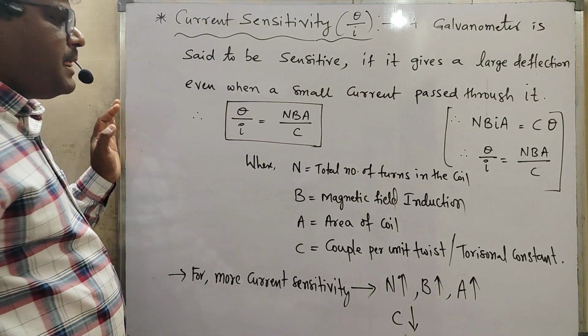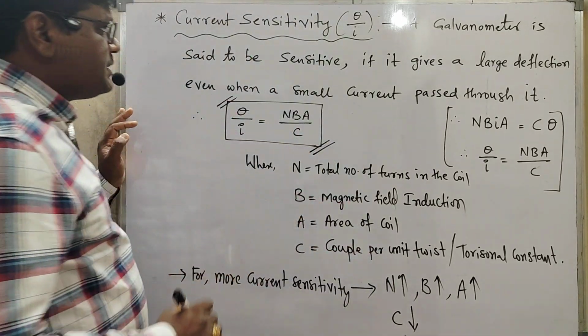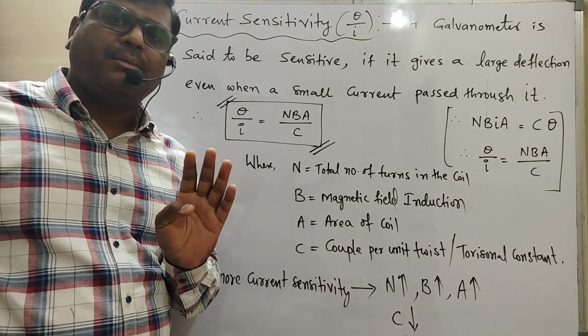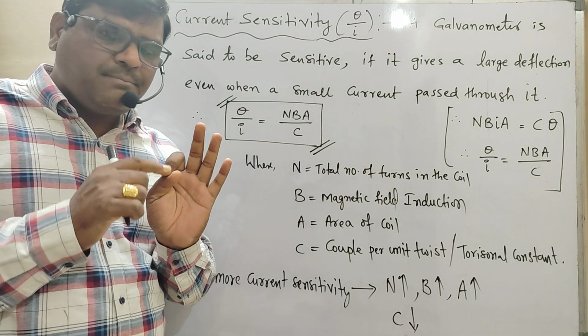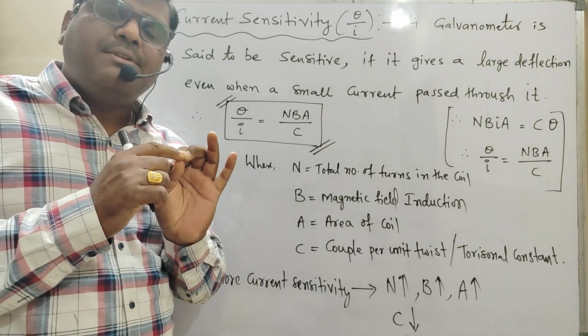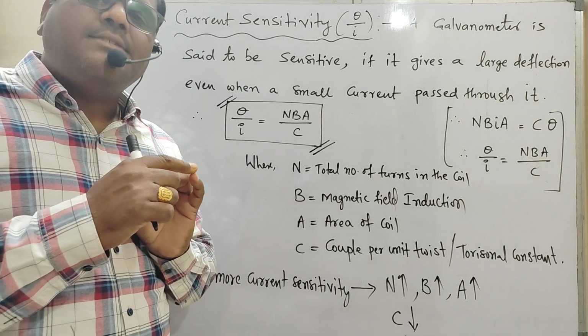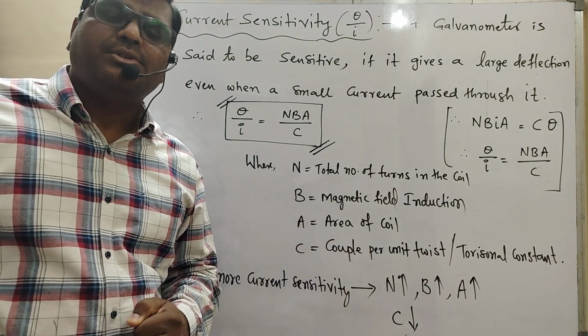So this is the formula and the factors on which the current sensitivity depends. Majorly, how many factors does it depend on? Number of turns of the coil, magnetic field which is provided to the coil, area of the coil, as well as the torsional constant, otherwise couple per unit twist.